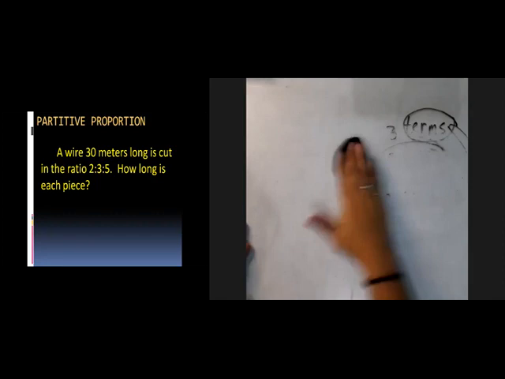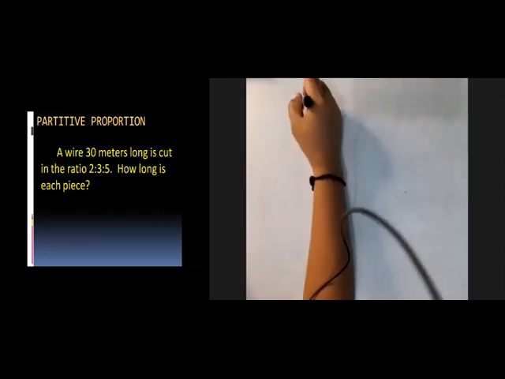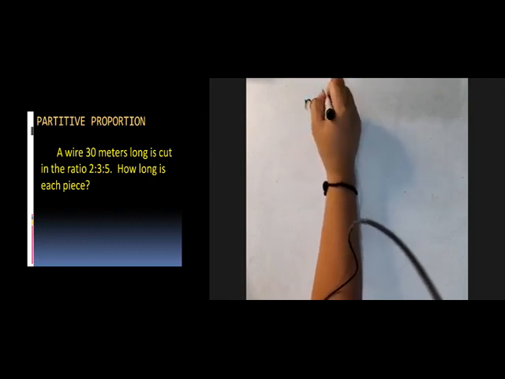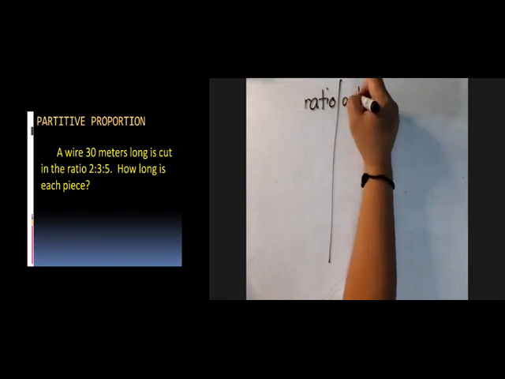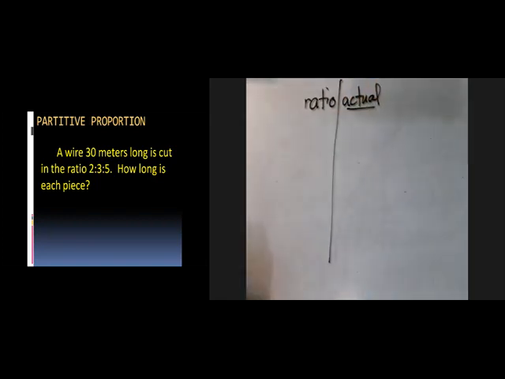A wire is 30 meters long, cut in the ratio 2:3:5. So, first, let's organize the given. It would be helpful kung gagamit tayo ng table. So, let's have a table here. We have our ratio and then the actual measurement. Actual na lang lagay natin doon.